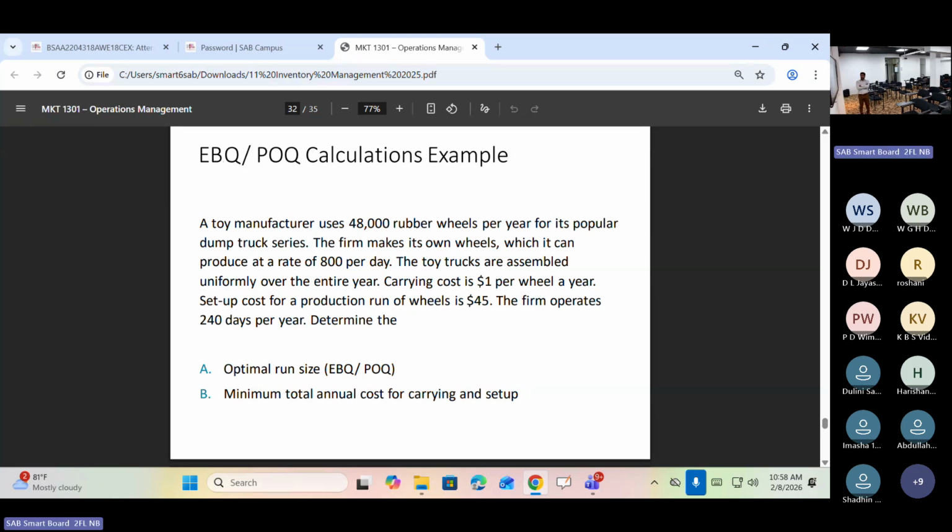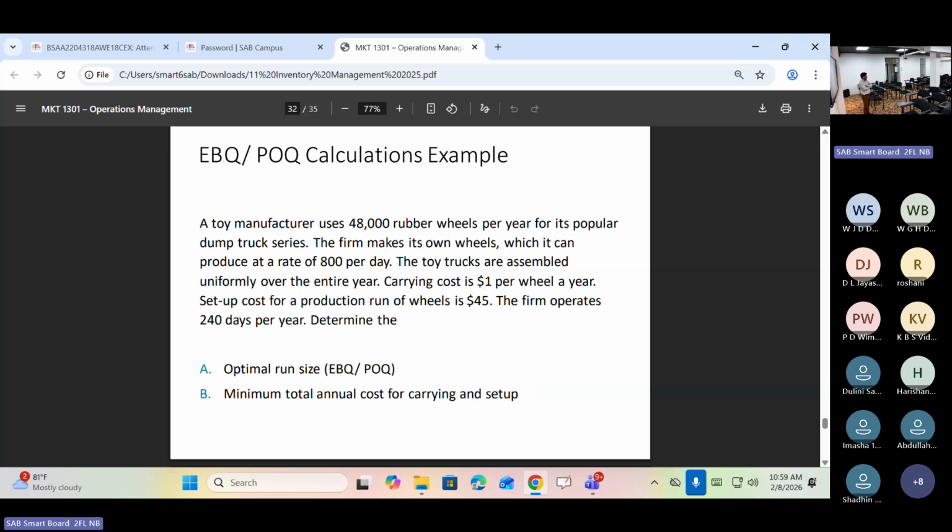The trucks are assembled uniformly over the entire period, that means they produce at a constant rate daily. The carrying cost is $1 per wheel per year. Setup cost for a production run of wheels is $45. That is S, setting up cost. Assuming that the firm operates 240 days per year, determine EBQ.